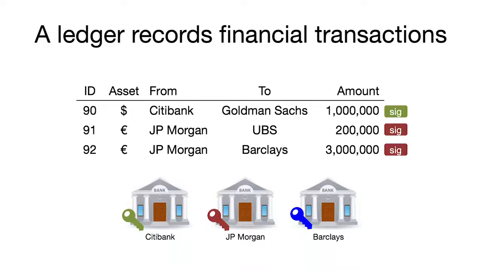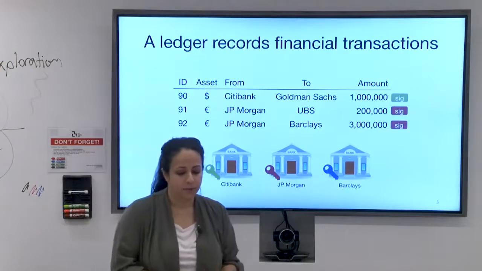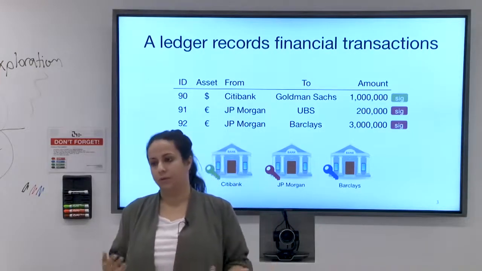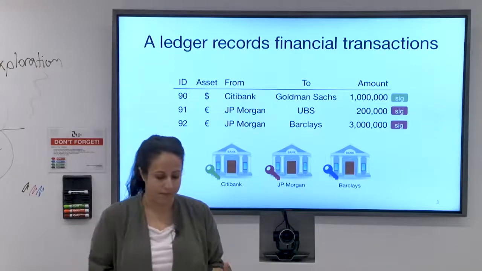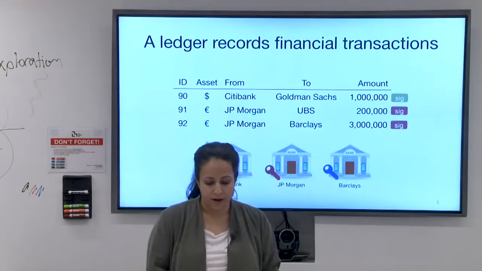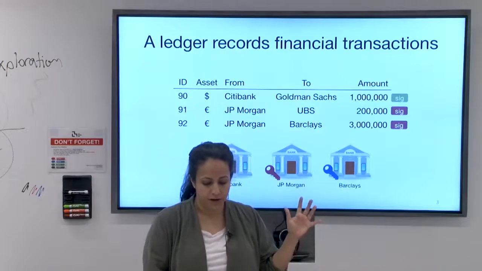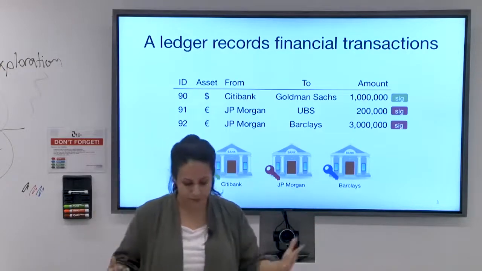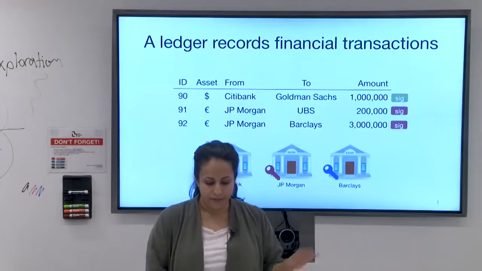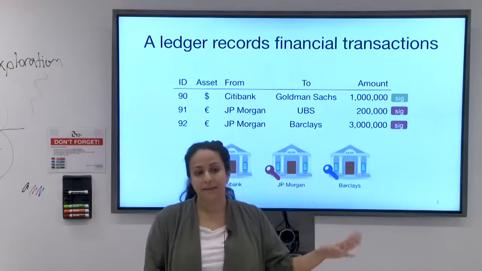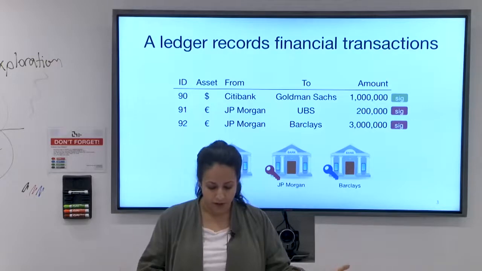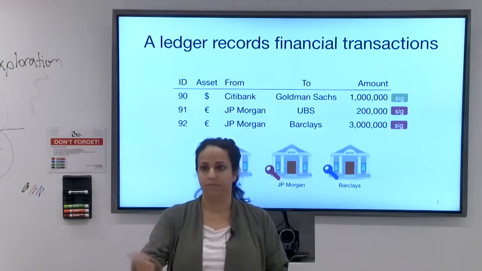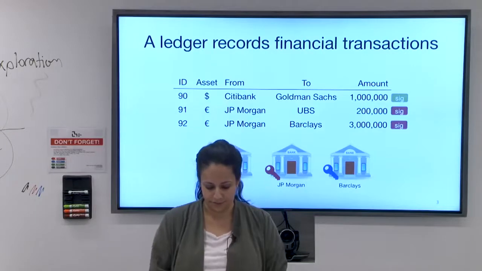This is something that's done under the hood right now in the protocols we use to exchange data, but it's not necessarily done explicitly when creating these distributed databases. So they can use their keys to attach signatures to the transaction to indicate consent to transfer, for security. Now, this ledger might be maintained by a third party, or it could be a distributed database, a permissioned blockchain that is run by the transacting parties.